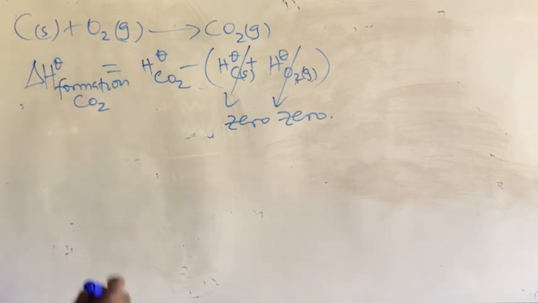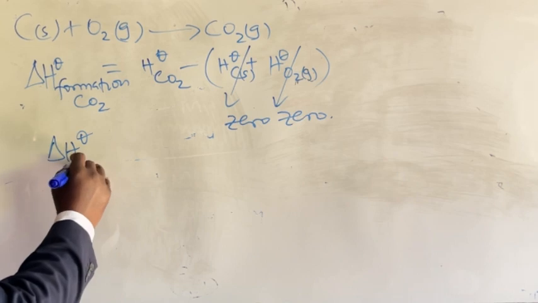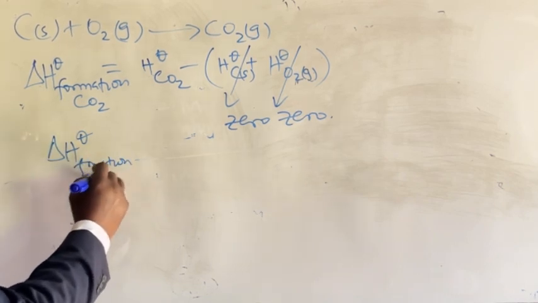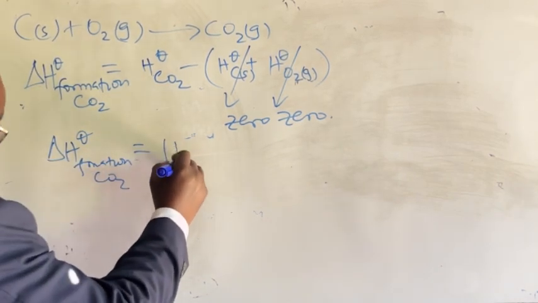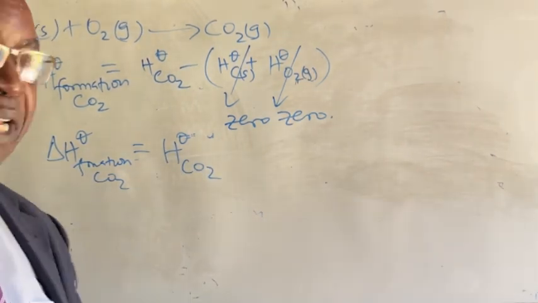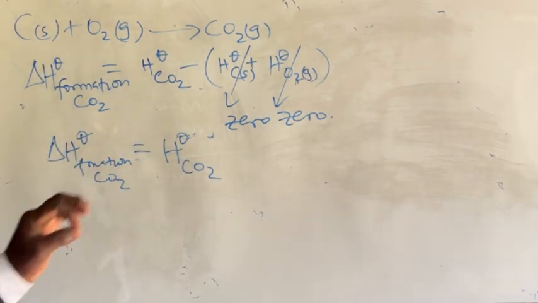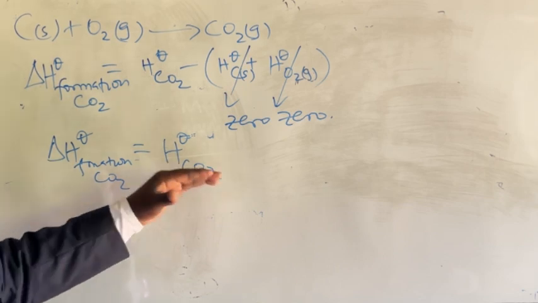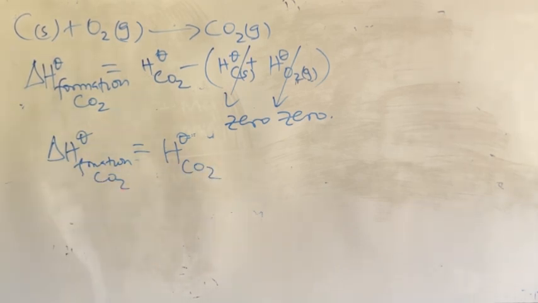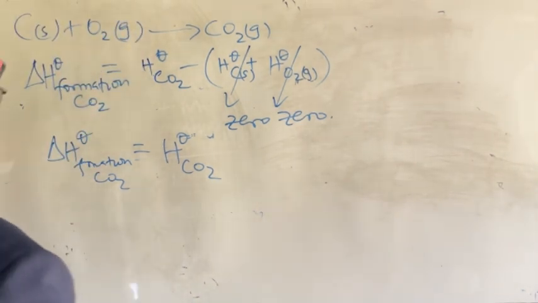So the enthalpy of formation of carbon dioxide is the same as the enthalpy of carbon dioxide. This is a very important point to note, so that when you go to the handbook to look for the values of enthalpies, if you're looking for the enthalpy of a compound, look for its enthalpy of formation. The enthalpy of a compound is the same as its enthalpy of formation. That's very important for you to know.